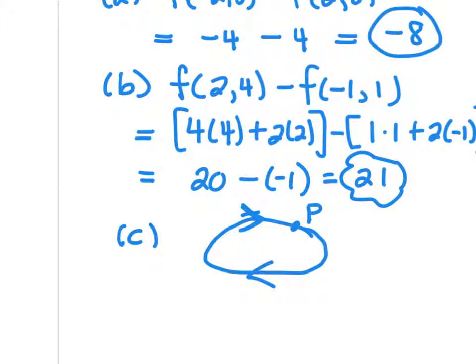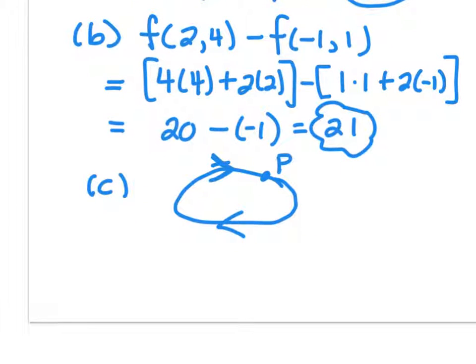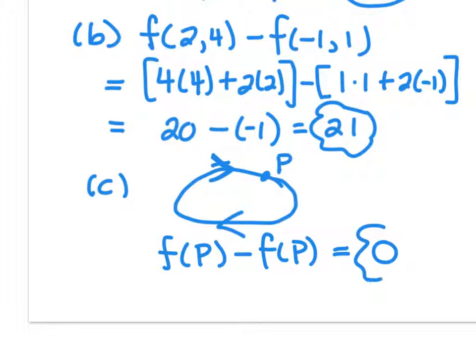Like it says, it's oriented clockwise, but that's not going to make any difference. Because when you evaluate the integral using the fundamental theorem of line integrals, since we're thinking of the curve as beginning and ending at the same point, what that amounts to is evaluating the potential function at P and subtracting f of P. It begins and ends at the same point, and of course that gives you 0.